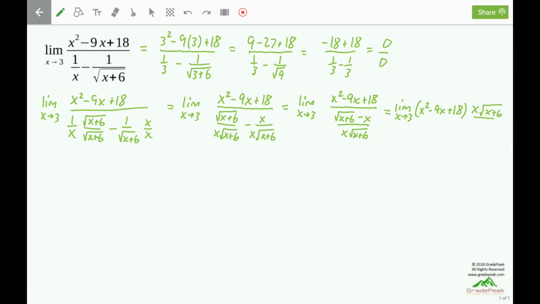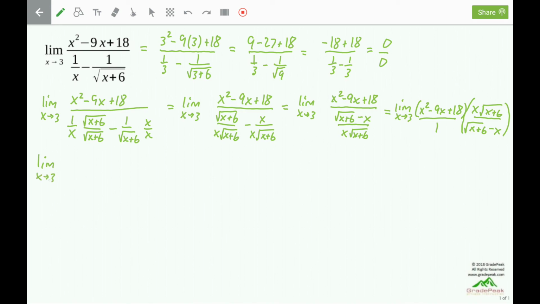Flip it upside down, and we then multiply it. If you want, you can put the numerator fraction over a 1, since it had no denominator, but it's equivalent to having been over 1. And we multiply by this reciprocal of the denominator.